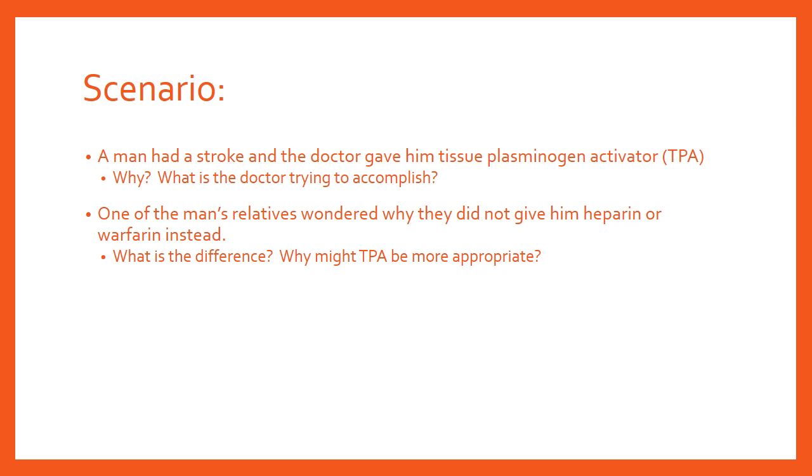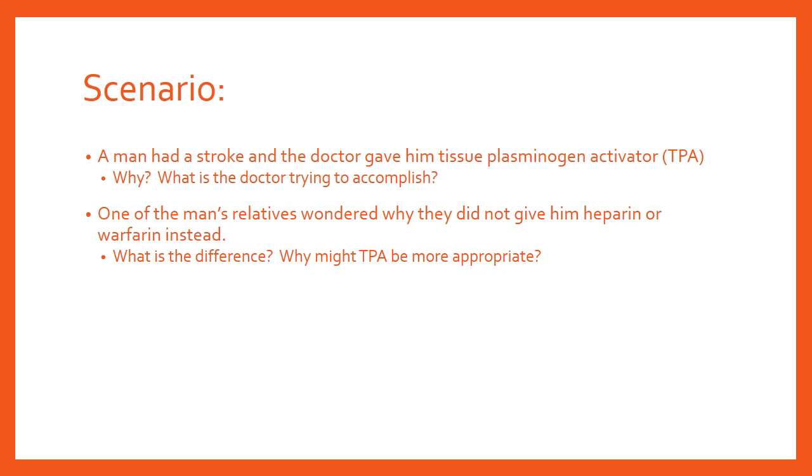Heparin molecules are basically cofactors that work on antithrombin. Antithrombin is a substance that can inactivate thrombin and other clotting factors such as factor 10 and some other factors.